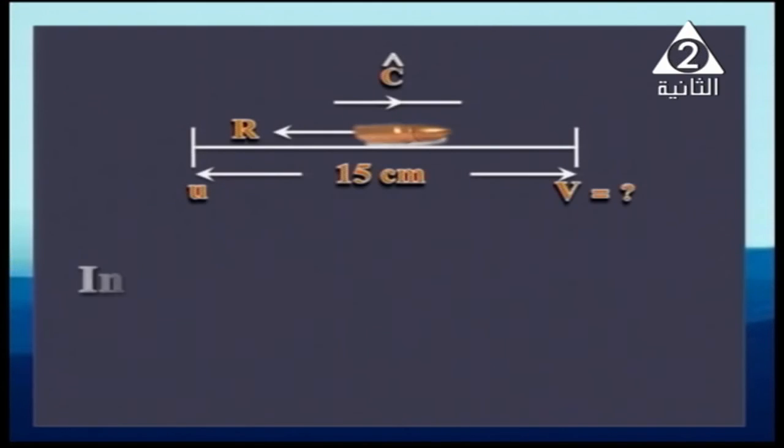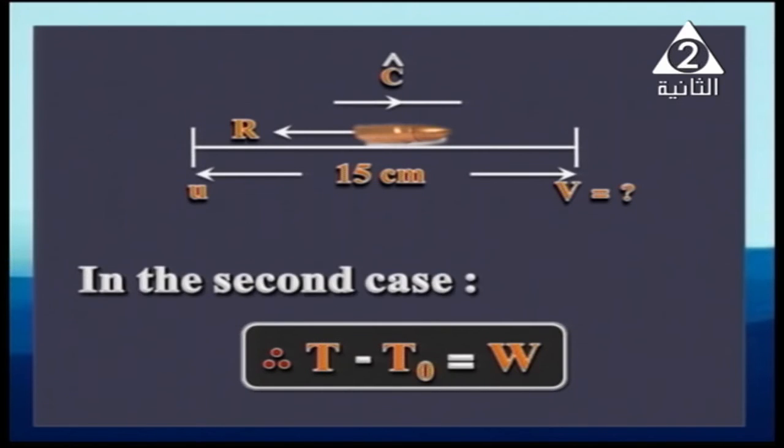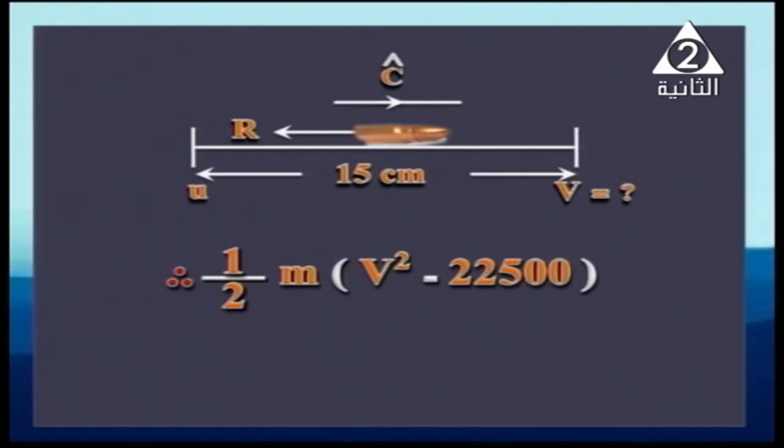In the second case, using the same rule, T minus T naught, the change of the kinetic energy, equals the work done. Then half M multiplied by the bracket V squared minus 22,500 equals negative R times 0.15. This is equation number 2.